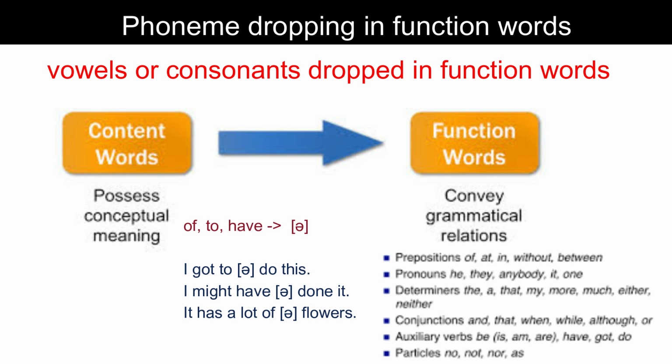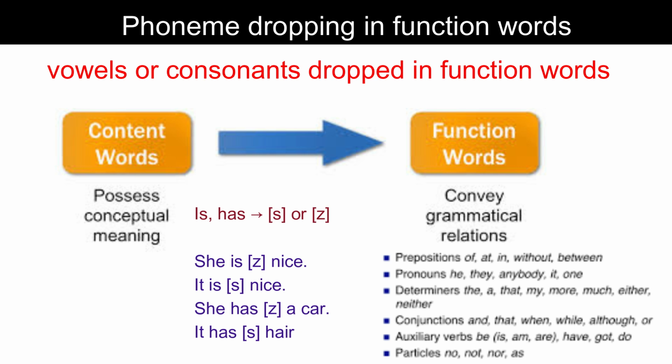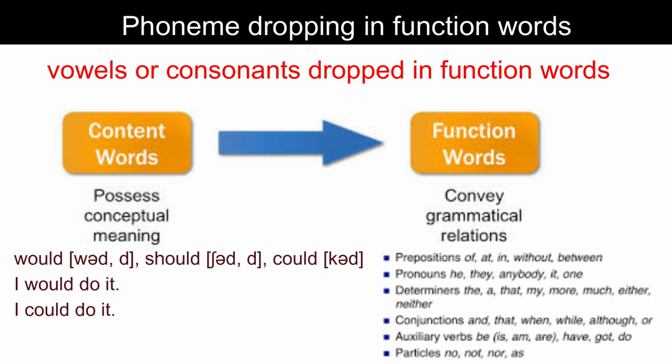Is and has are reduced to s or z. She's nice. It's nice. She's a car. It's hair. Auxiliary verbs are normally reduced. For example, would, should, could.